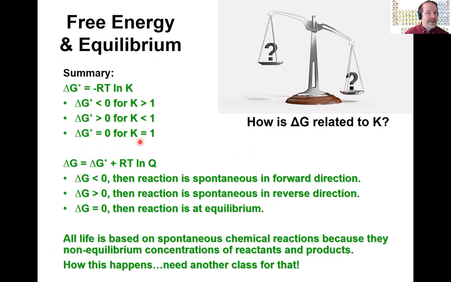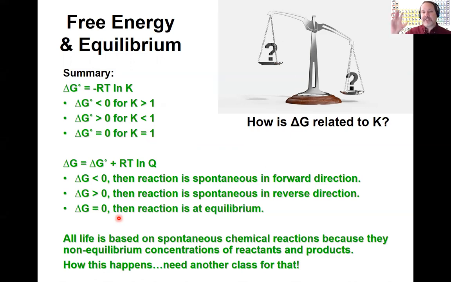We can then go and calculate delta G without the naught at non-standard conditions and see if the reaction is spontaneous or not, and they really will be if they're not at equilibrium, okay? And so we can prove how things become spontaneous, but we've got to push them outside of their equilibrium conditions. And this usually takes some kind of knowledge of what it would be to be at standard conditions, and then what it needs to be under non-standard conditions.